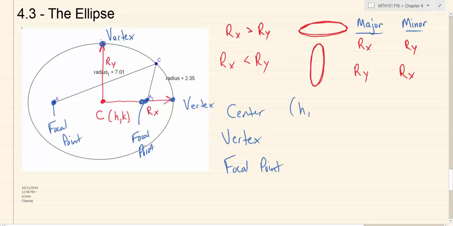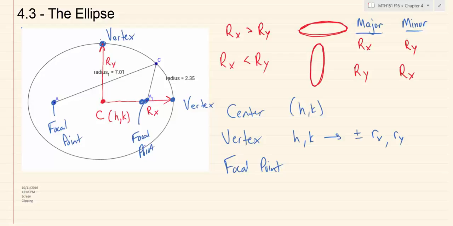This is h and k. That's pretty easy. The vertices, could we figure out what the vertices are? Sure. You're going to take h and k, and you're going to either add or subtract r sub x and r sub y. The focal point, though, is not so easy to calculate, and you actually have to do a little Pythagorean theorem on it.